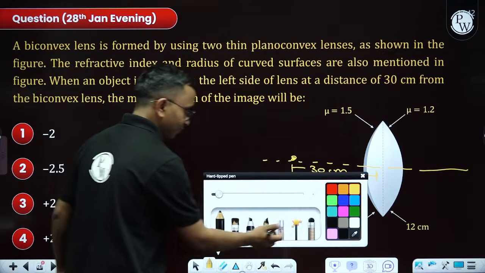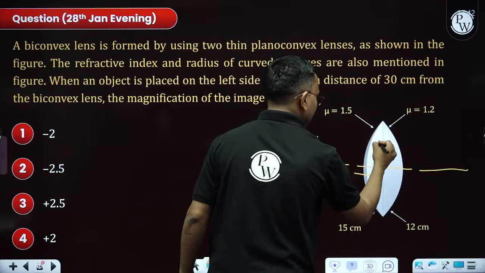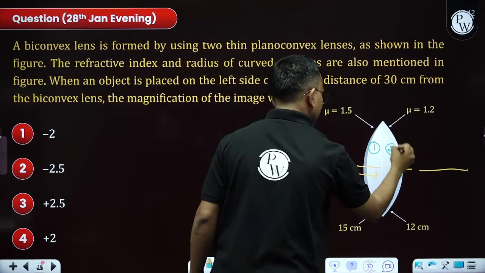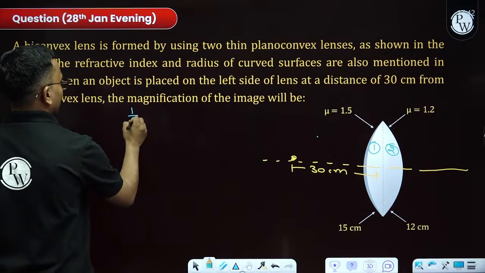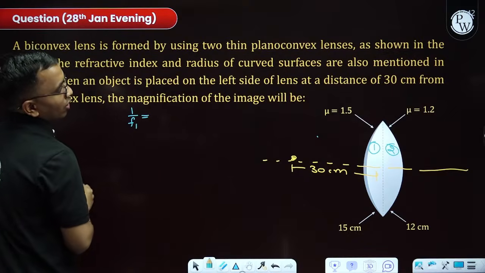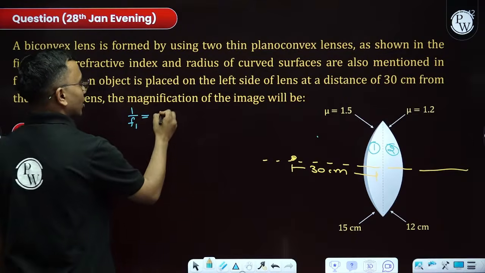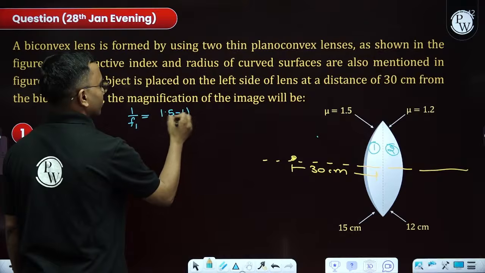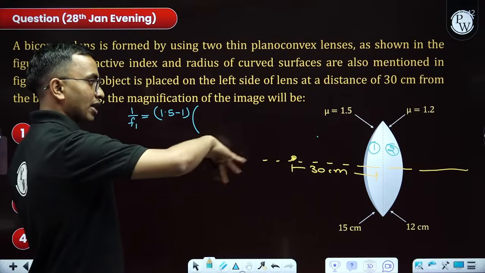Now see, let us take this is first, this is second lens. So for the first lens, 1 by f1 equals mu minus 1, what is mu? 1.5. So 1.5 minus 1 into 1 by r1 minus 1 by r2. What is 1 by r1?